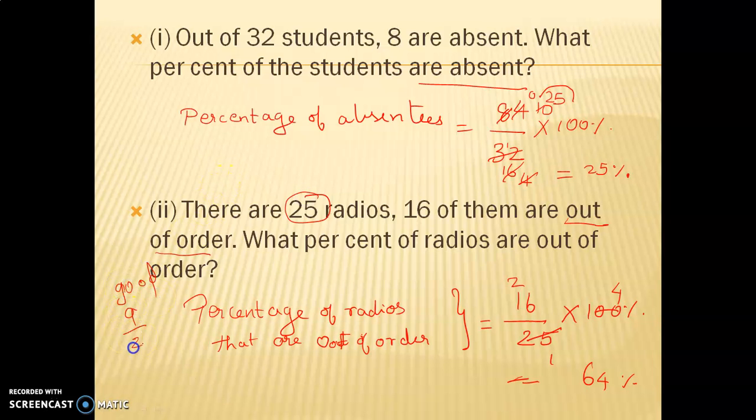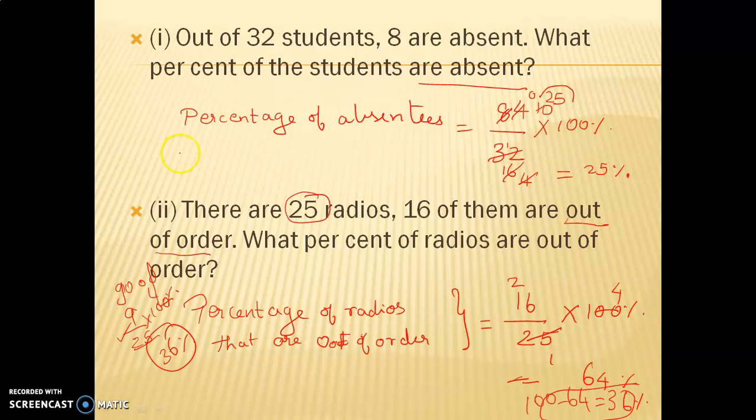So you have to find 9 by 25 into 100 percentage. 9 4s are 36. So 36 percentage are good. You can either calculate by this method, or after finding the 64, you can subtract it from 100, 100 minus 64, and you will get the same 36 percentage. Both the methods are right.